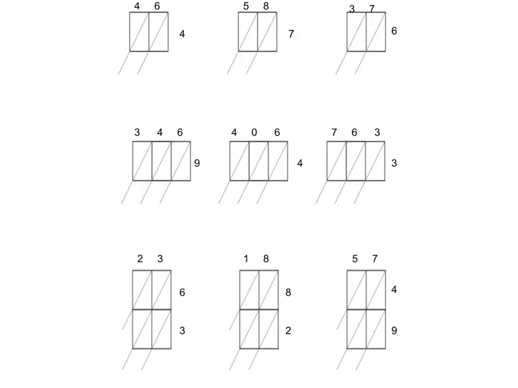So let's take a look at the first problem that I have up here, 46 times 4. So what we're going to do is take this 4 and multiply times 6. 4 times 6. Let me think. What is that? That is 24.